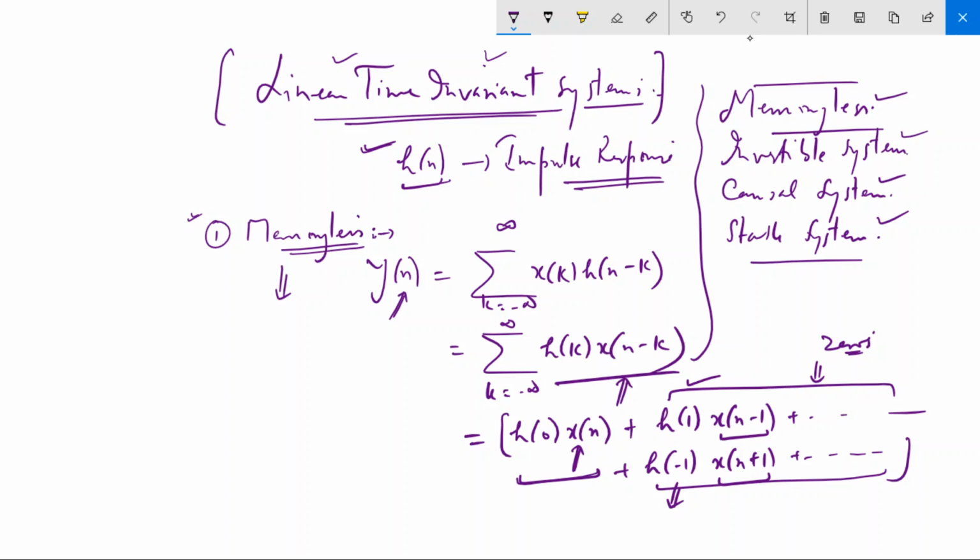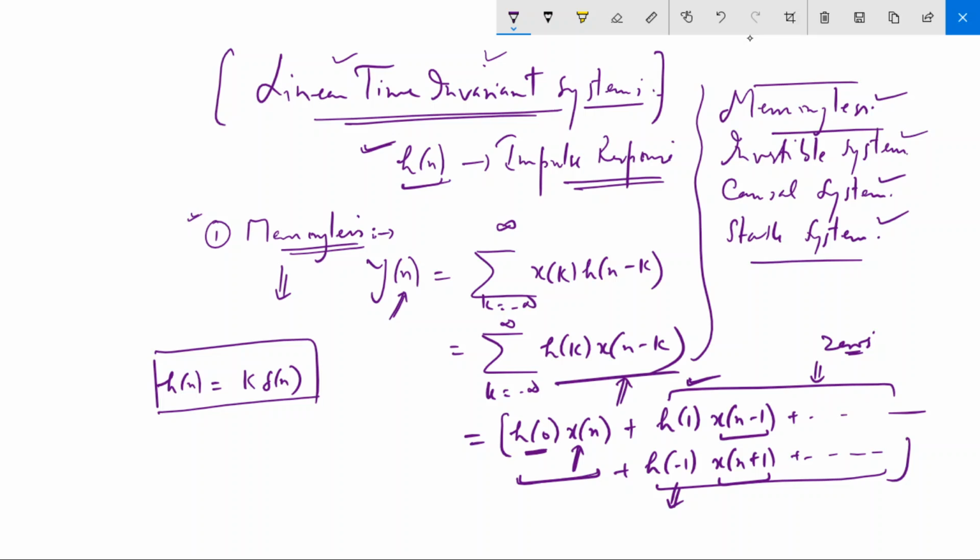It means the impulse response of the system should have only one sample, that is h[0]. Okay, because all other samples give you the past and the future values of the input. So for a memoryless system, all these values should be 0. It means your h[n] should be in the form of k delta[n].